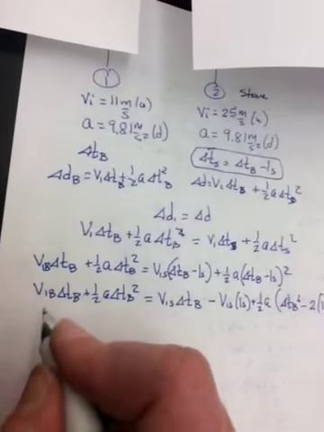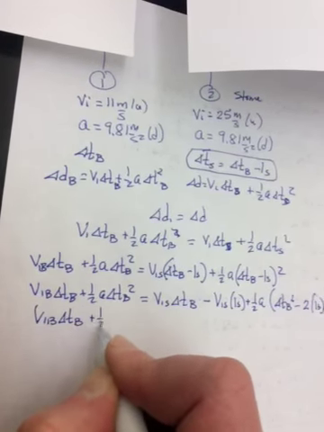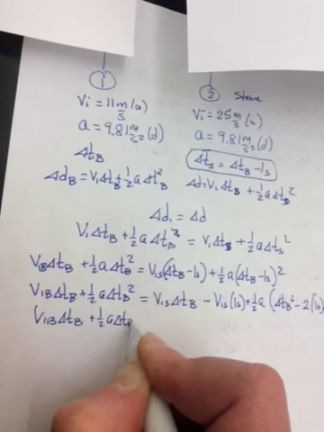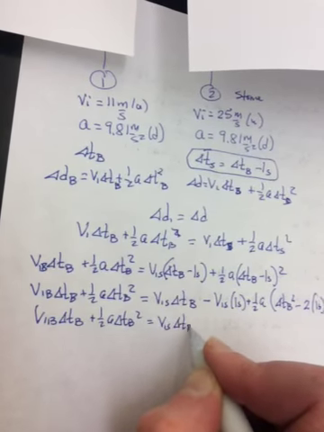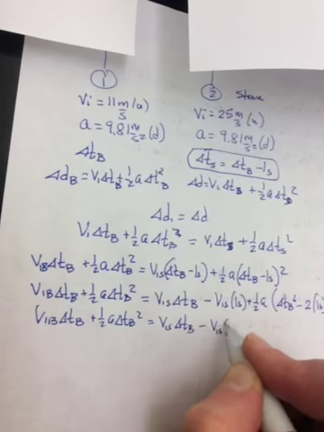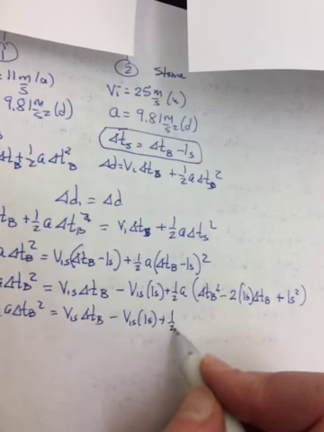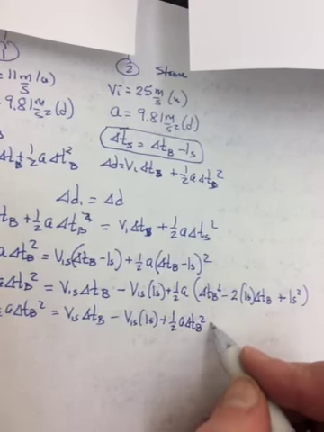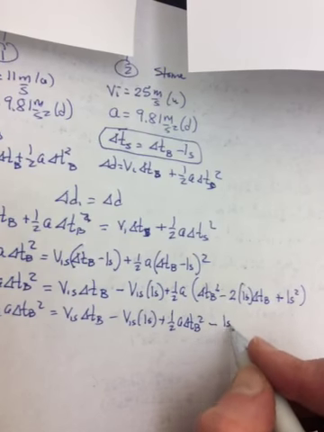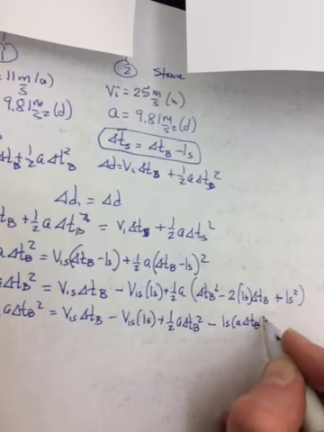Okay, so vi of the ball delta t of the ball plus 1/2 a delta t of the ball squared equals vi of the stone delta t of the ball minus vi times 1 second plus, and now we have to multiply through, 1/2 a delta t of the ball squared. 1/2 times 2 should be 1, so 1 second times a delta t of the ball.